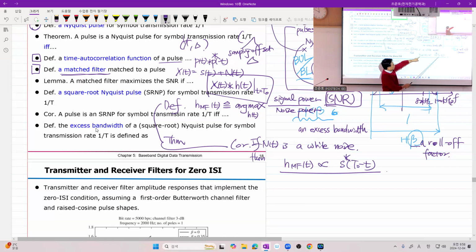Of course, with some delay. And this delay is exactly the same as this sampling instant. Okay? And I'm not, again, going to prove it; ask Professor John Joseph next semester.